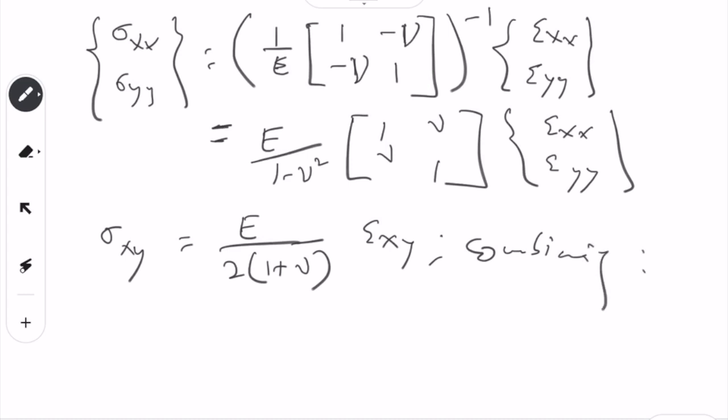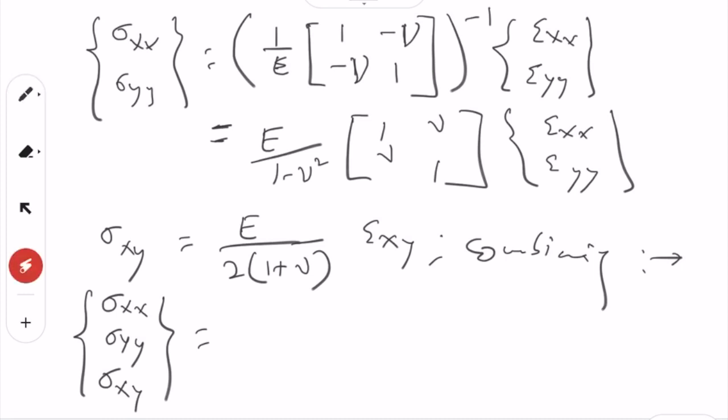Combining, what we get? We get like this. So this gets sigma xx, sigma yy, sigma xy will be equal to, okay, and then we have E common. So we will write, and here we have 1 minus nu squared.